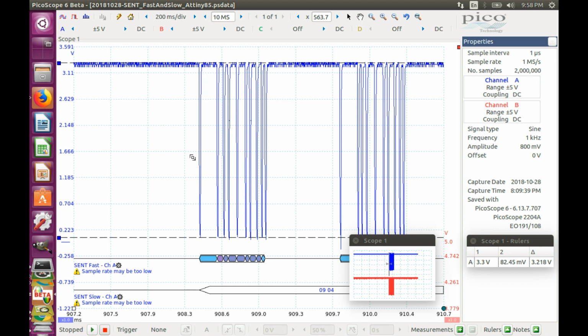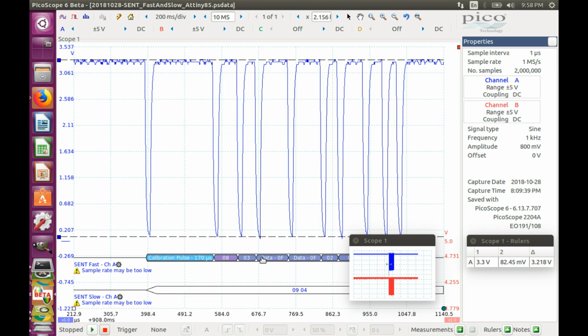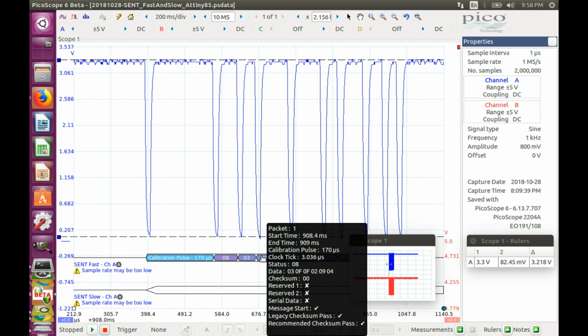But here it's not an issue. We can see that each sent packet is transmitted correctly and it passes the checksum. We can see what the data is.